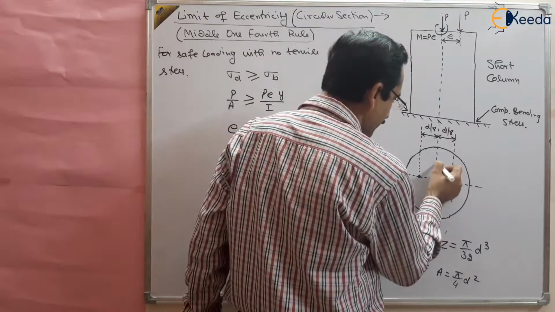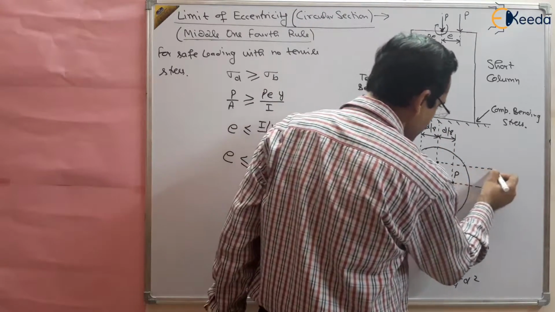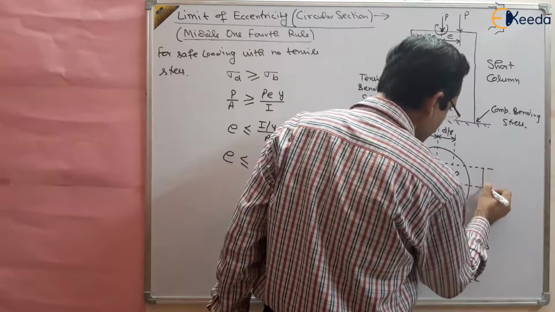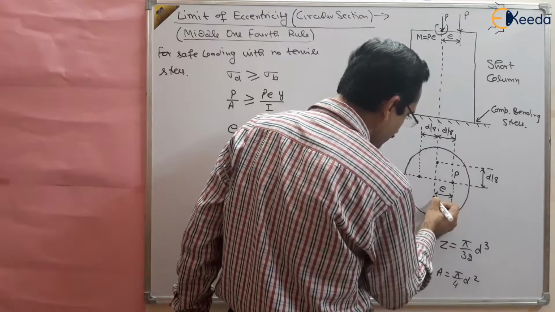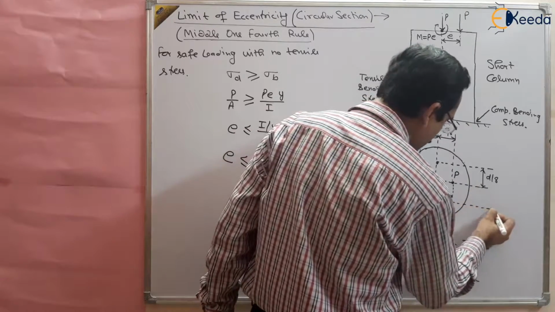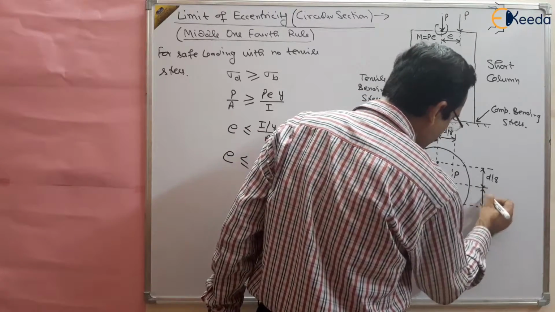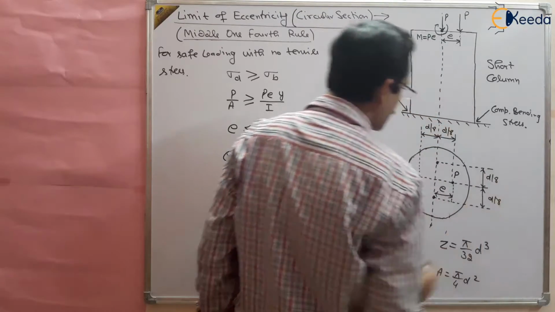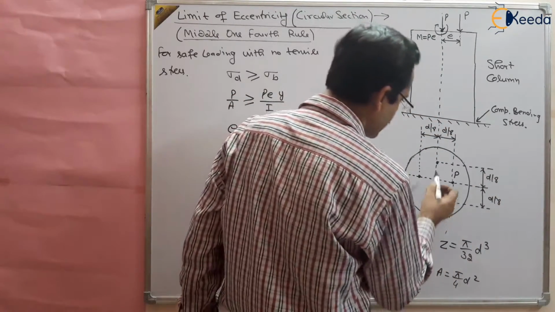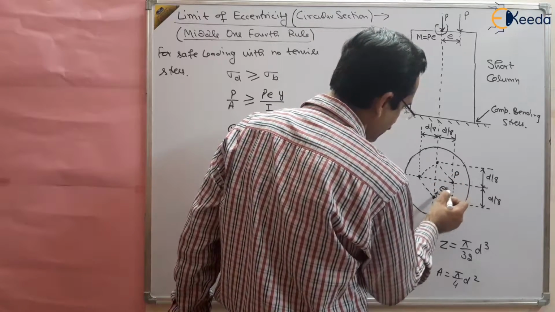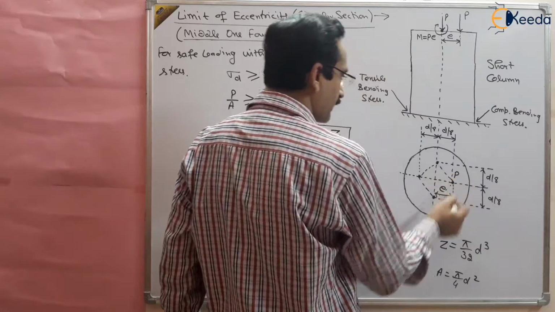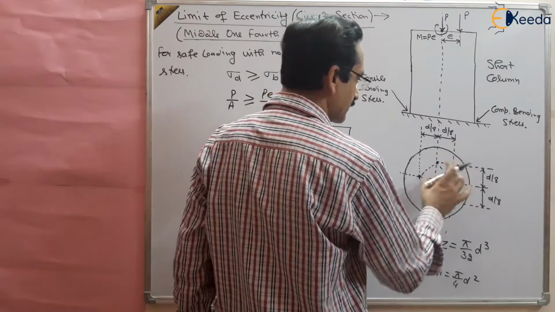Similarly, if the load is applied here, the eccentricity should not be greater than d by 8, and the same way, if the load is applied here, the eccentricity should not be more than d by 8. So from all sides, this part gives the kern in which our material is safe, right?